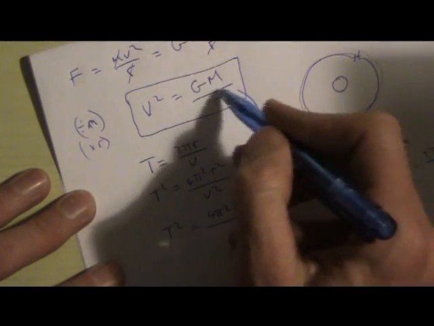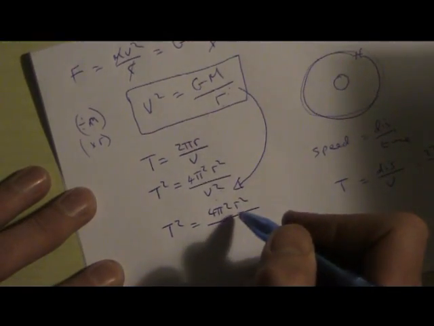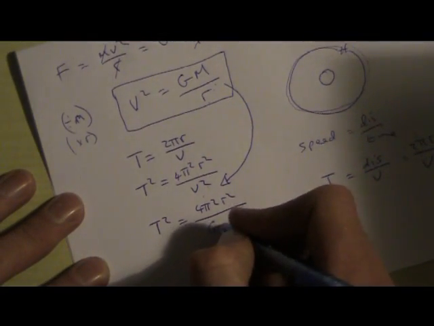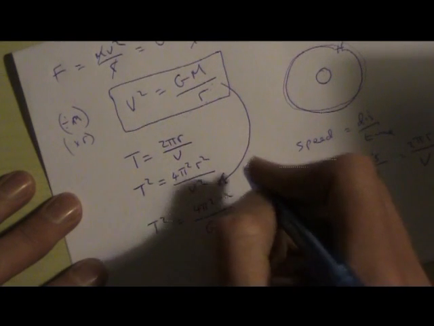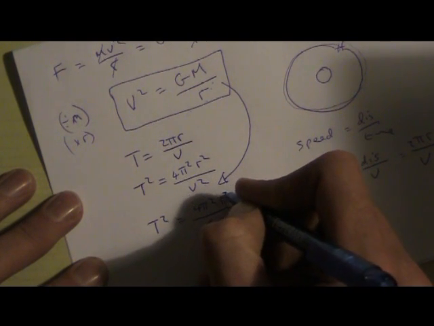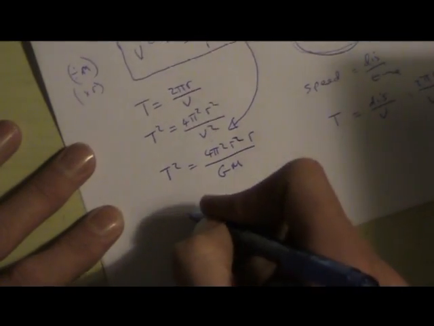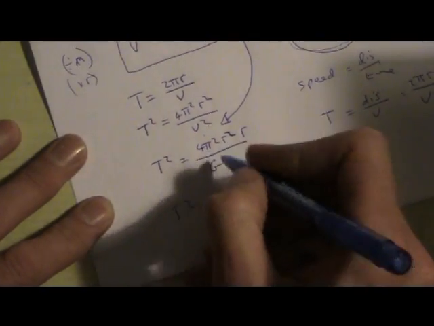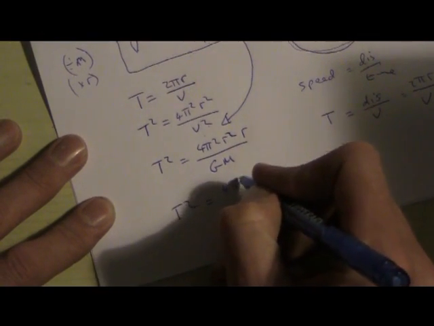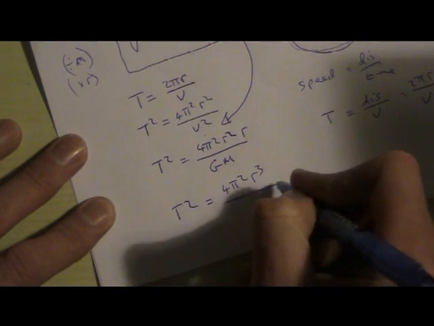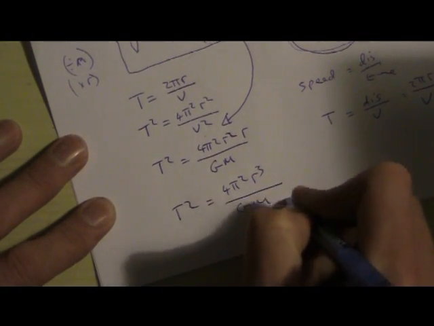So flip this fraction upside down and multiply by it. That'll become r over GM. So the GM will be multiplying into the bottom, and r will multiply in on the top. Now I already have an r squared there, so that becomes T squared equals 4 pi squared r squared times r, which gives r cubed over GM.